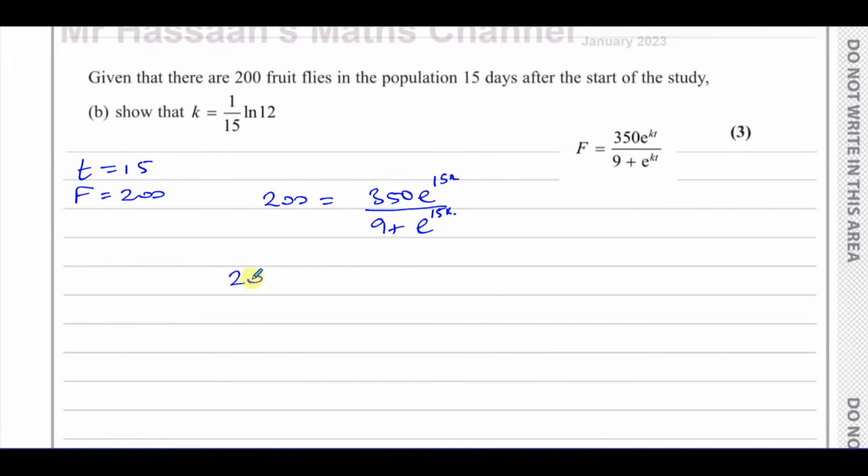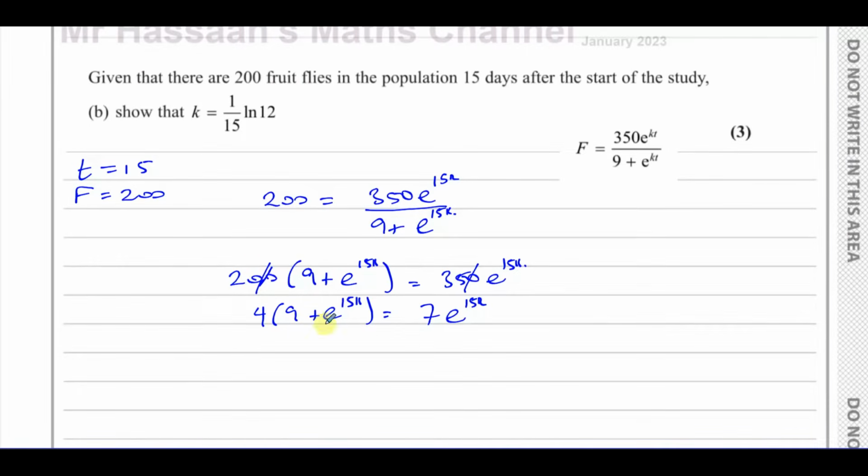So we have 200 multiplied by 9 plus e to the power of 15k is equal to 350 times e to the power of 15k. You can divide both sides by 10, so you have 20 and 35, and by 5 as well. So this is going to be 4 times 9 plus e to the power of 15k equals 7 e to the power of 15k.